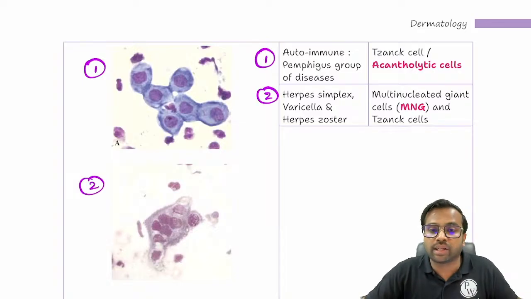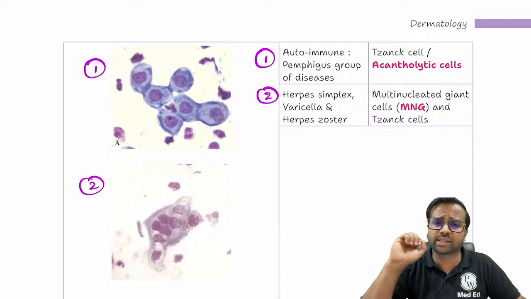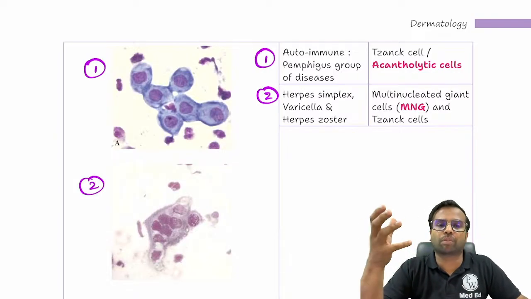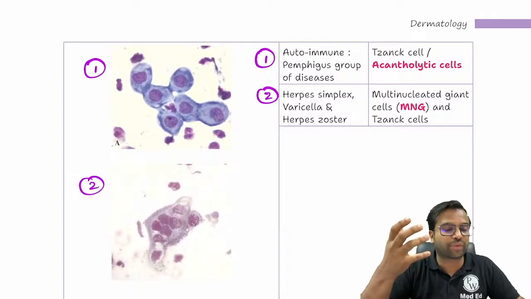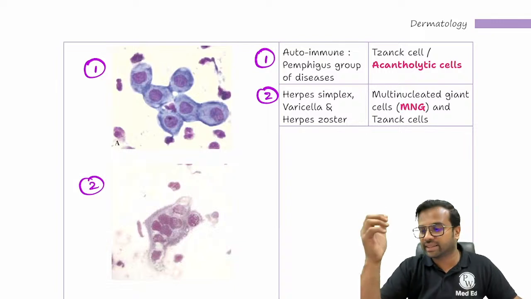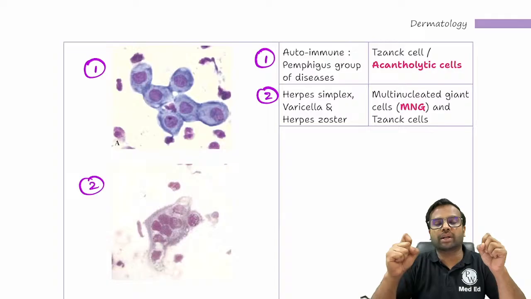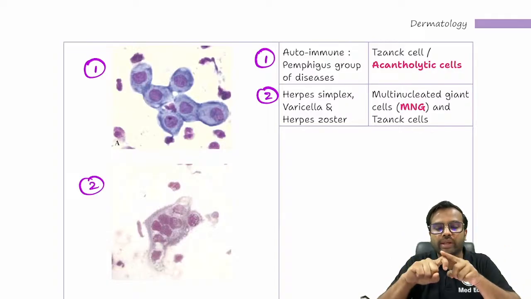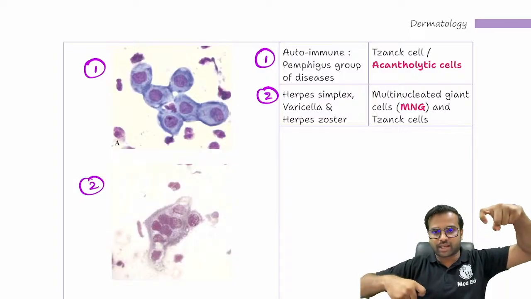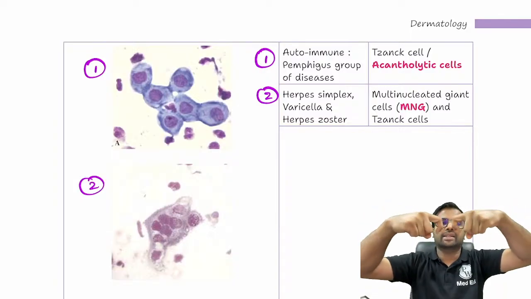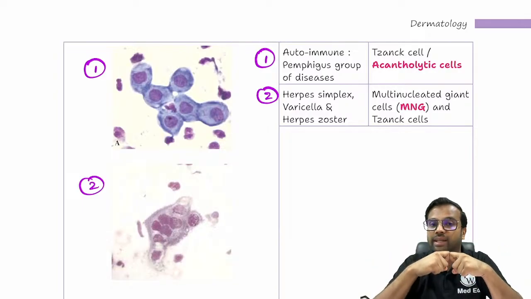So please remember what happens is in a Tzanck smear, in pemphigus group of diseases, what is the defect in a pemphigus group of disease? There can be a defect of desmosomes. So all of you remember that the function of a desmosome is that it acts like a gum or a glue, because imagine this is a keratinocyte, this is a keratinocyte, they are both glued together because of this thing called as a desmosome.